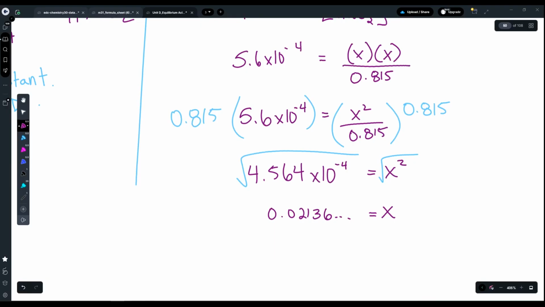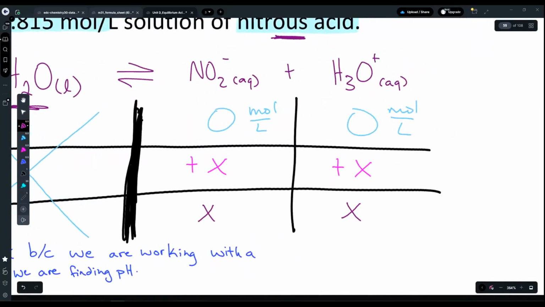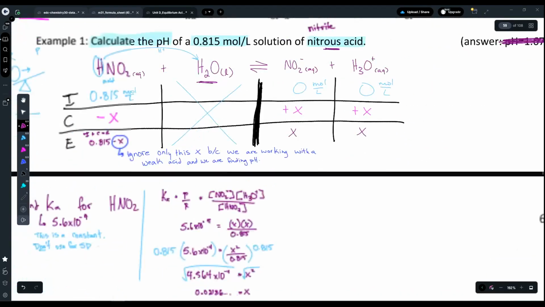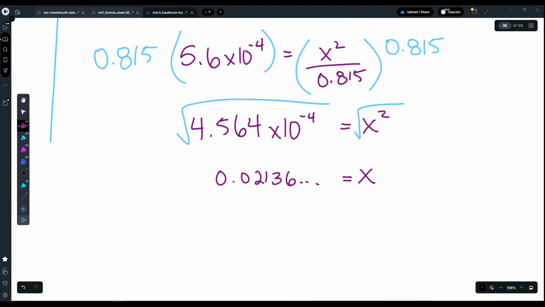Okay, so this value represents X, which, if we look back at our ICE table, X also represents the hydronium ion concentration. So we can say that this represents the concentration of hydronium.